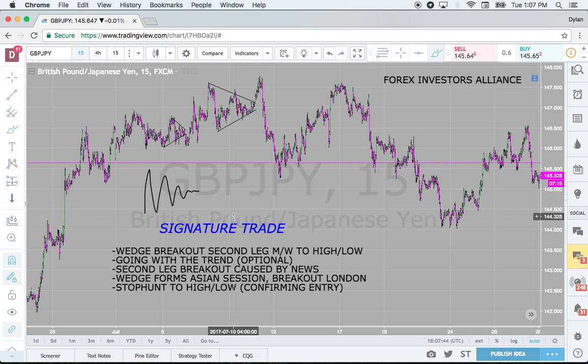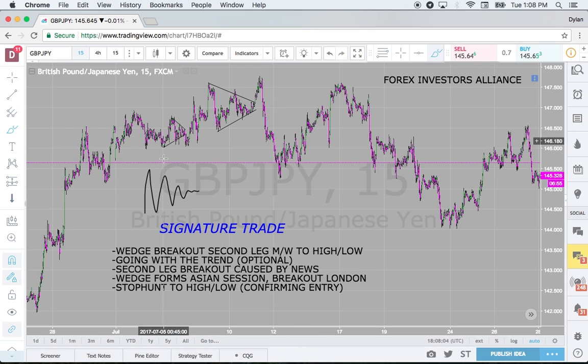This pattern can form on every pair and on every time frame. So there's not a specific pair or a specific time frame on which the setup occurs.